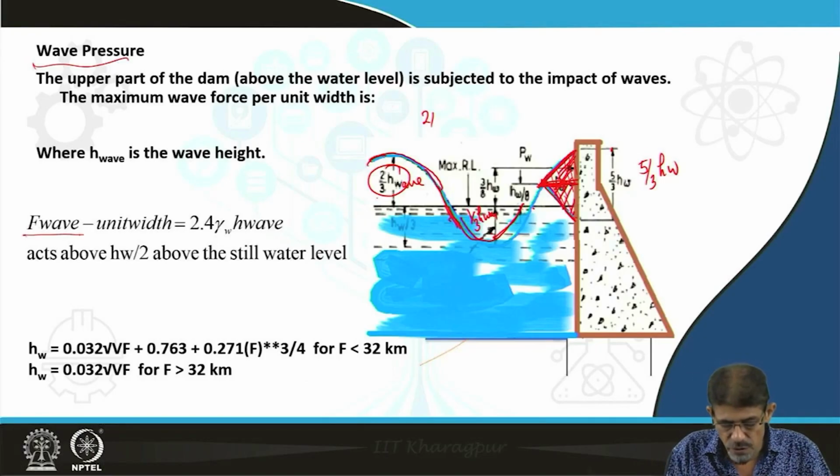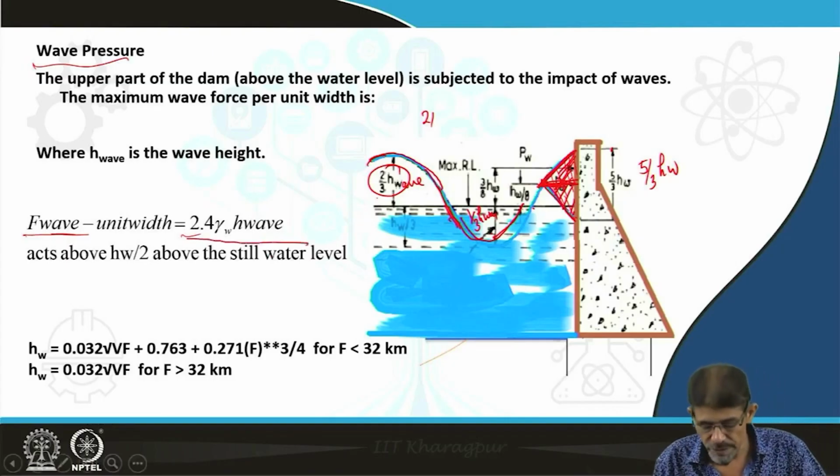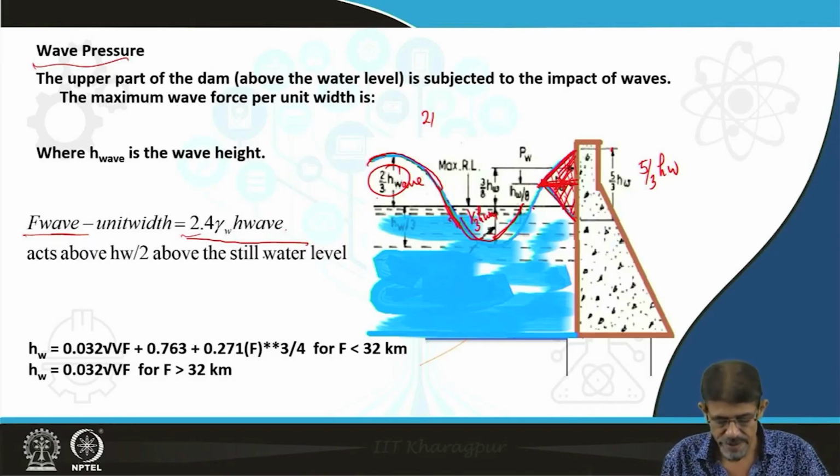Then the force due to wave we can calculate by a lot of formulation: 2.4 unit weight of water, then height of wave, acting at HW by 8 above the still water.